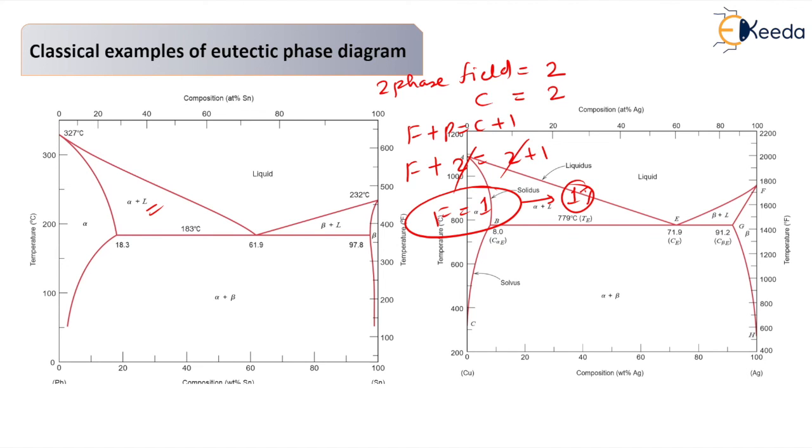So what is the meaning of this? Degree of freedom 1 is known as the univariant point. Please remember, when the degree of freedom you get is 2, that is a bivariant point.